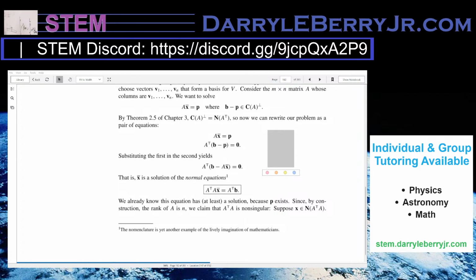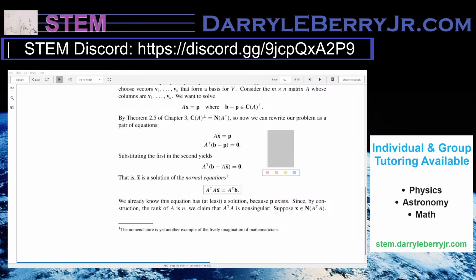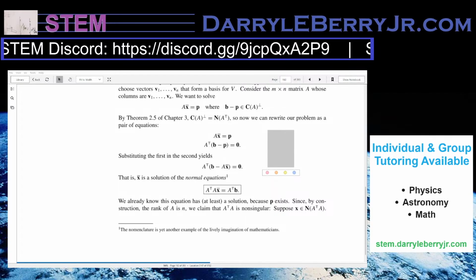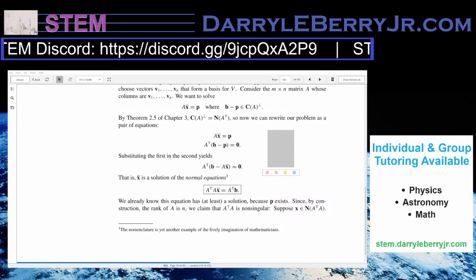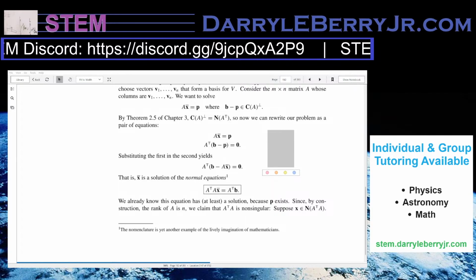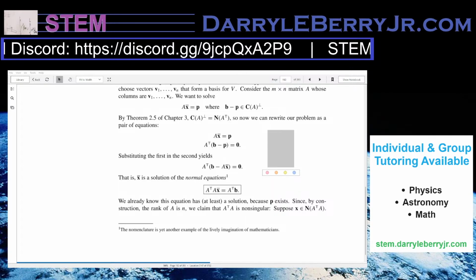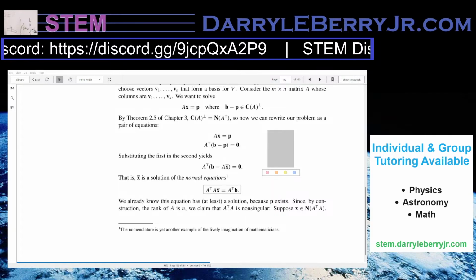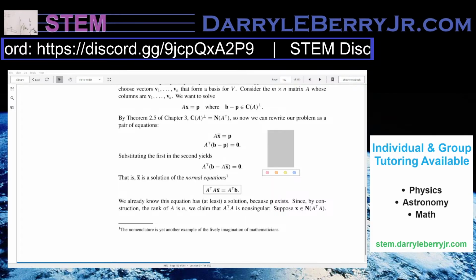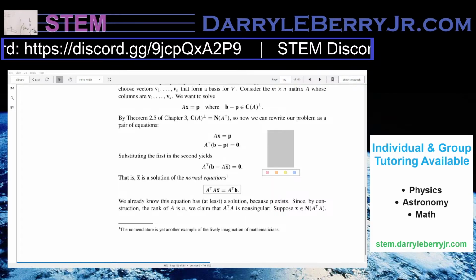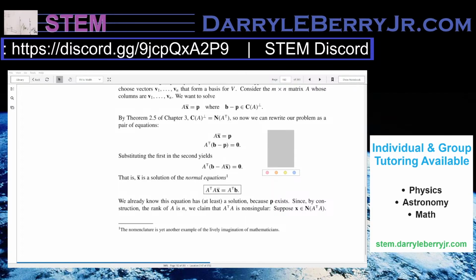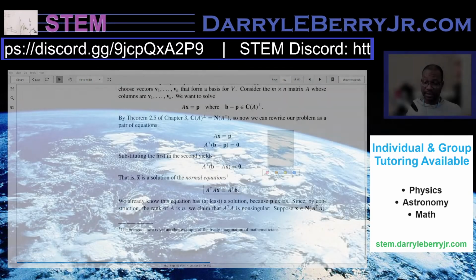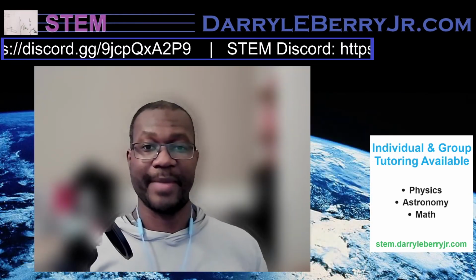Since by construction the rank of A equals n, A transpose A is non-singular, and it says suppose x is in n, A transpose A, right? So I'll go ahead and stop here.